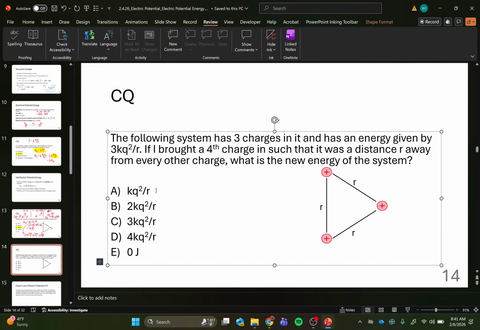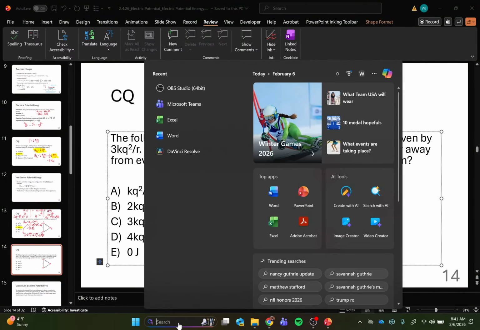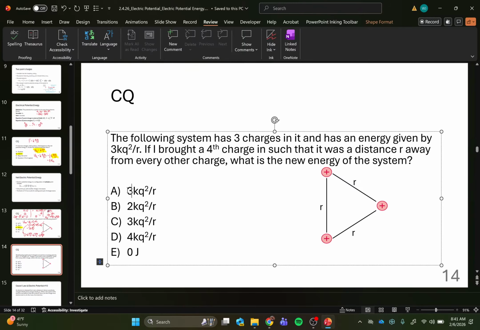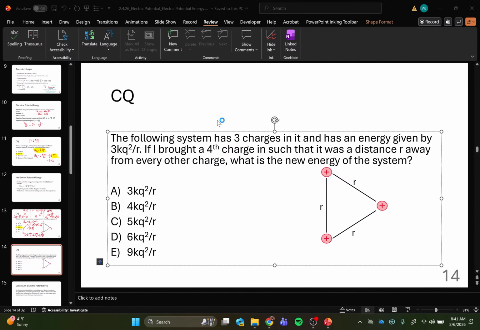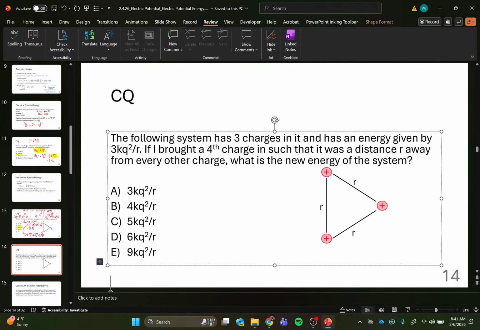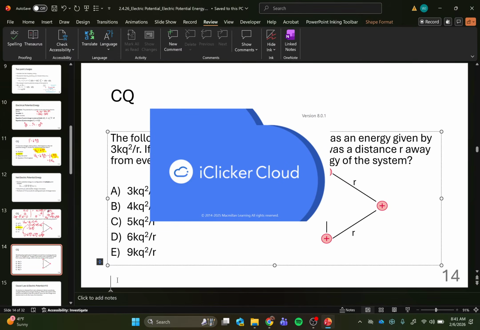This is my question for you all, and I'm going to put some answers here: 3, 4, 5, 6. 0 is hopefully obvious, it's not that. Let's jump up a bunch and go to 9. Yeah, 0 wouldn't make any sense. While you're looking at this, same problem as before: what's the energy if there were 4 charges instead? This is really going to check if you actually understood what we did last time, the last thing we did, at least.